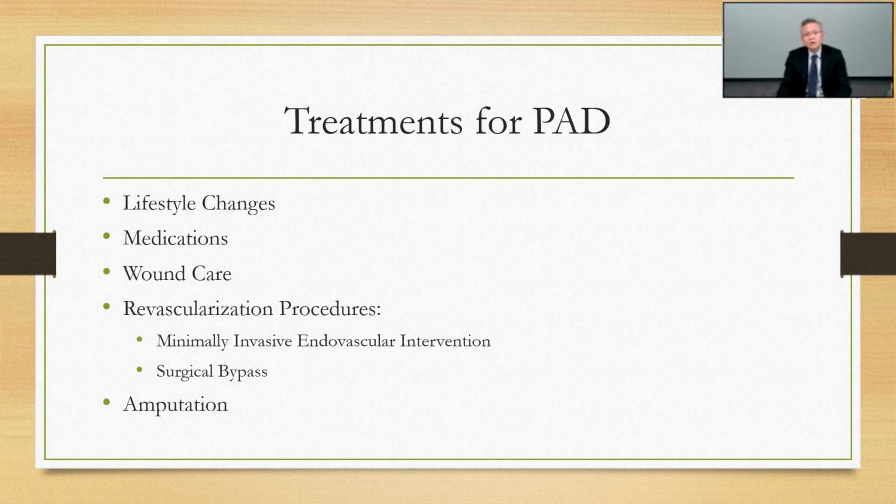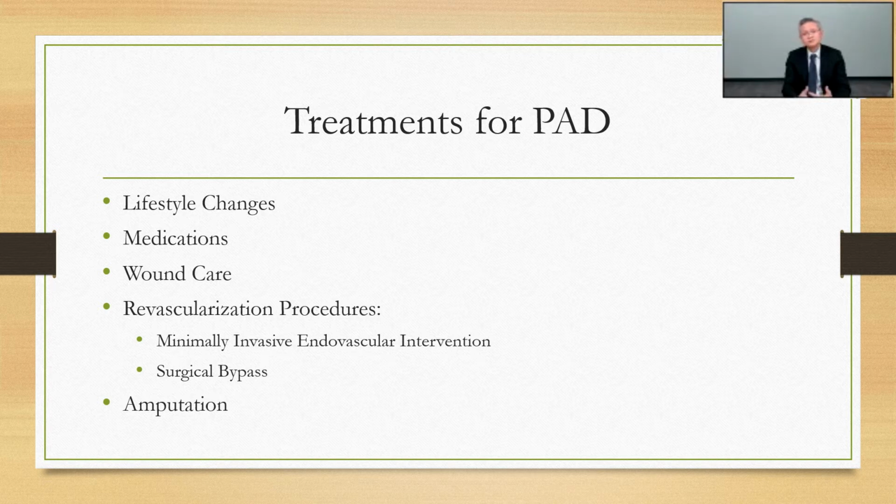So let's go over the quick general options of management and treatment for PAD. Here we have 5 items, including simple strategy at early stage, lifestyle changes, medication, wound care, and invasive revascularization procedure.